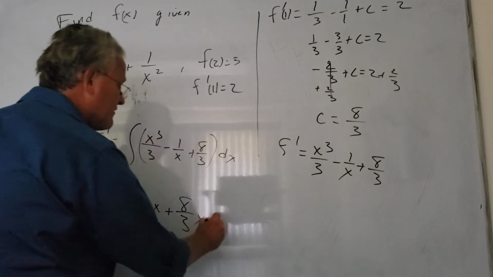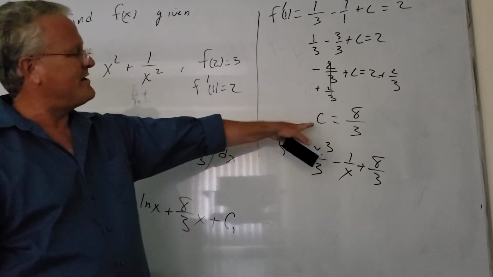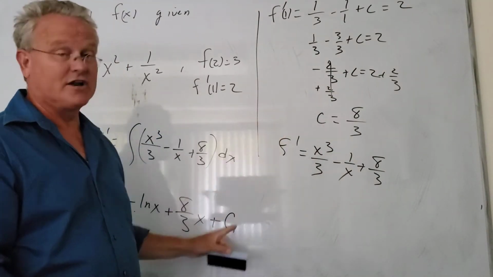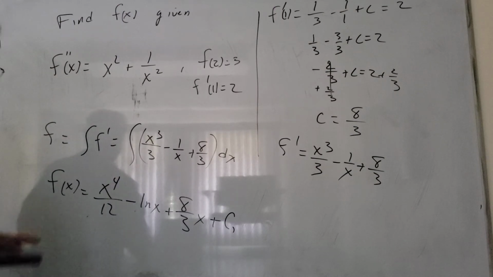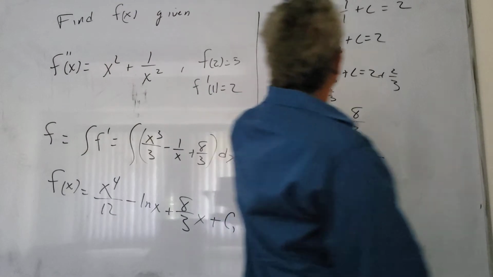And then we have another constant. Now I'm going to put c1, because I'm not going to use c again. Again, this is a technicality, it's a different constant. So I'm going to write c1. But we know that f of 2 is equal to 3.